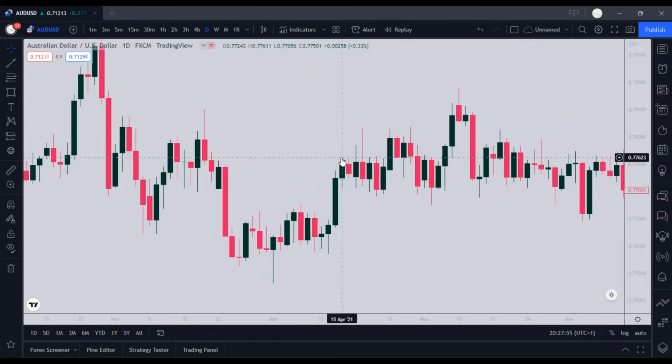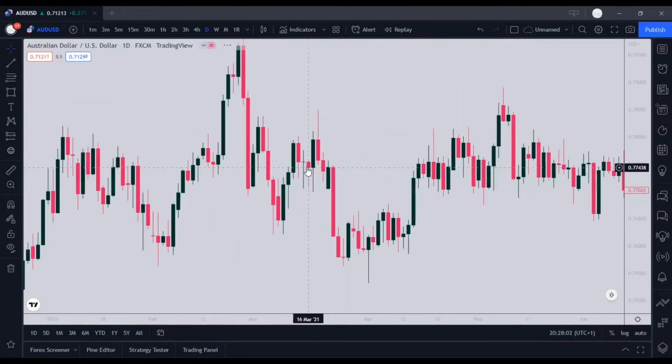So we're going to look at the doji. How are dojis formed? Let's take a look at them very well. I'm going to be explaining while I give you the picture at once.